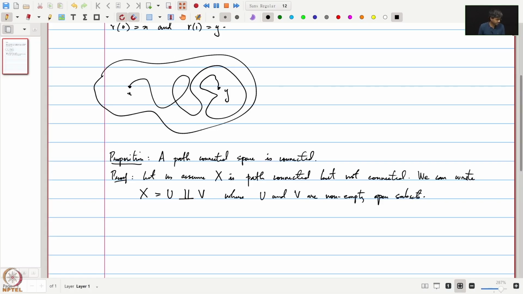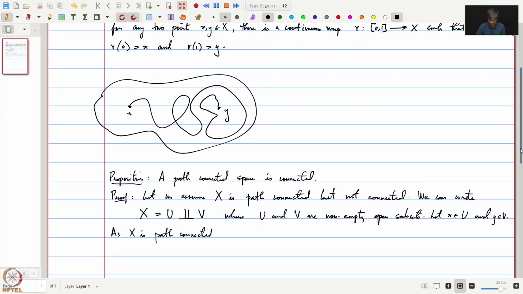Since they are non-empty, let X be a point in U and Y be a point in V. Then, as X is path connected, there is a continuous map gamma from [0,1] to X such that gamma of 0 is equal to X and gamma of 1 is equal to Y.